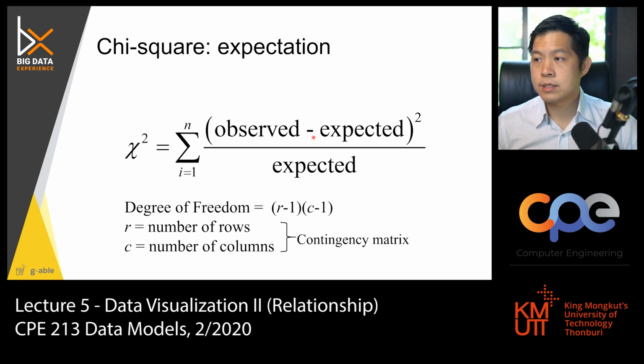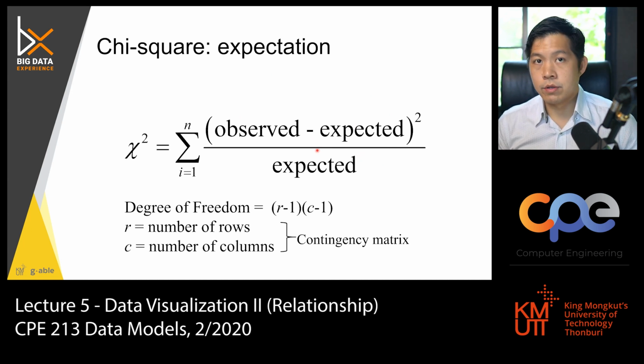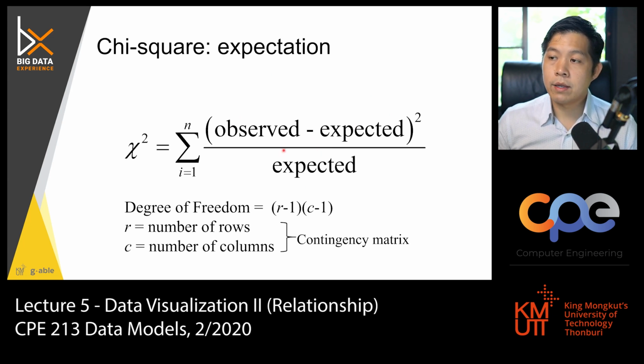Then compare it to the actual value, square them to get the difference, and then divide by expected, like dividing one factor out to reduce the variation. So when you sum all up, you get the difference between the observed and the expected in the chi-square statistic unit.